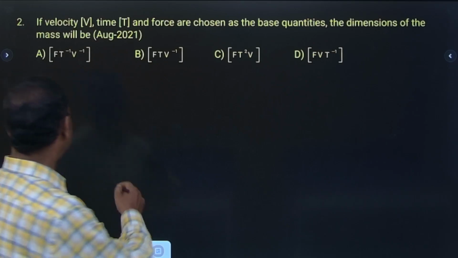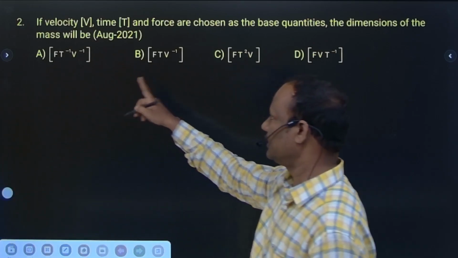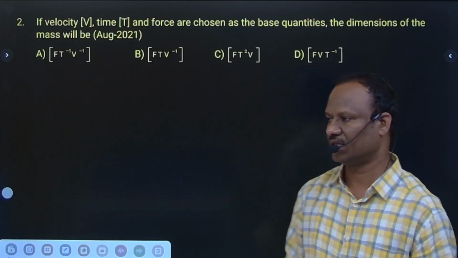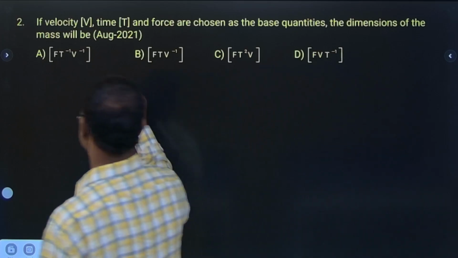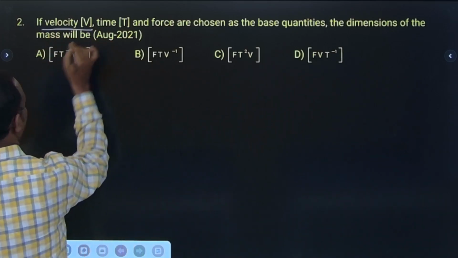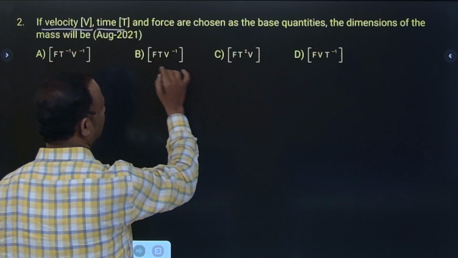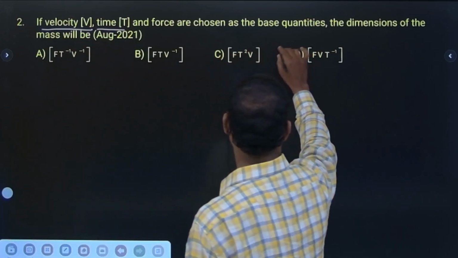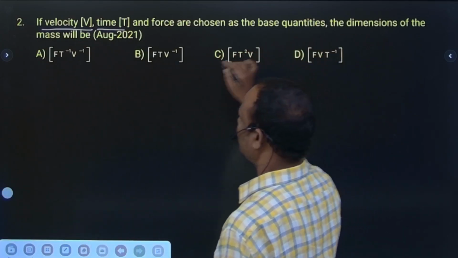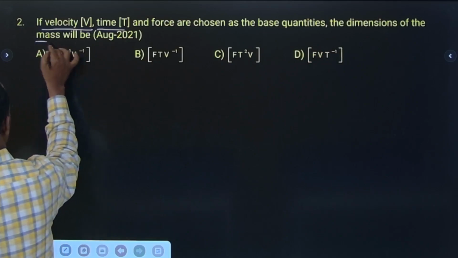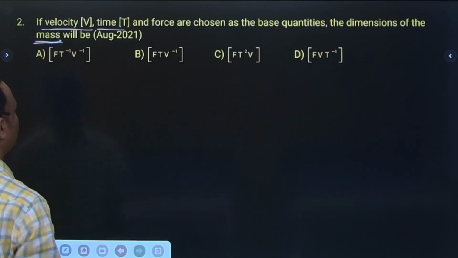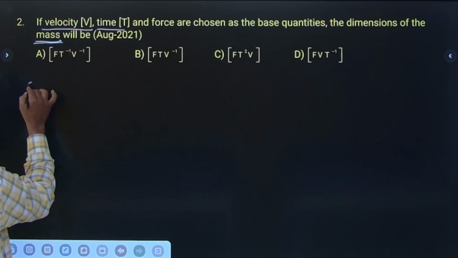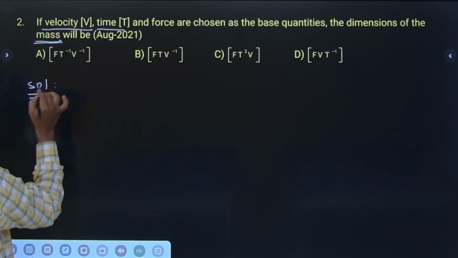This question is based on velocity, to find the relation between physical quantities. The first one is given velocity v and time t, and these are the basic quantities. Then the dimensional formula of mass is what? We need to take the same repeated models.